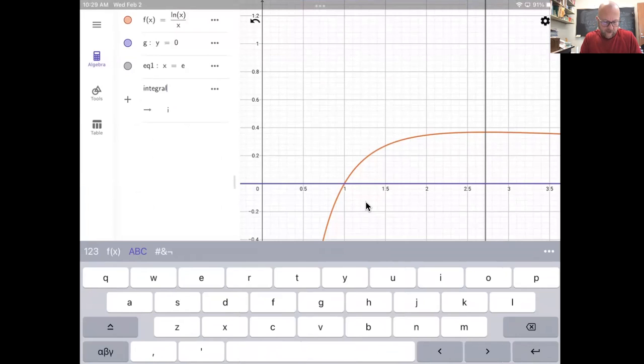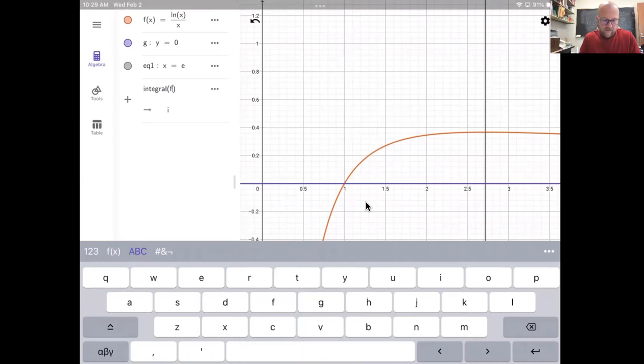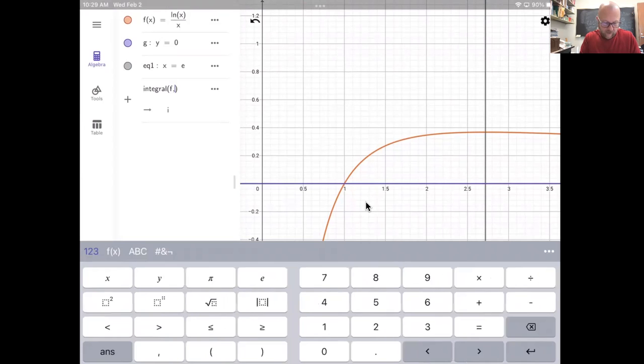But I'm going to say then parentheses and the F that we've got there. So I guess I need to type in F and then a comma. We're going from 1 to e. And we got 1/2 out of it.